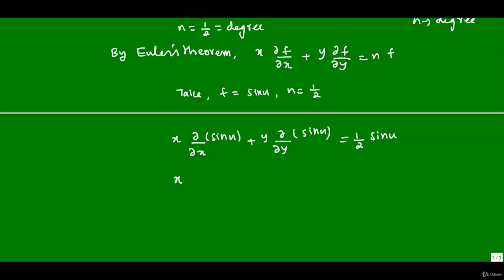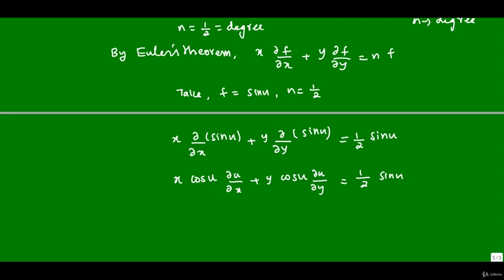Now differentiate sin u. You know the derivative of sin is cos, and the derivative of u with respect to x is dou u by dou x. Similarly, the derivative of sin u is cos u, then differentiate u partially with respect to y, equals 1 by 2 sin u.